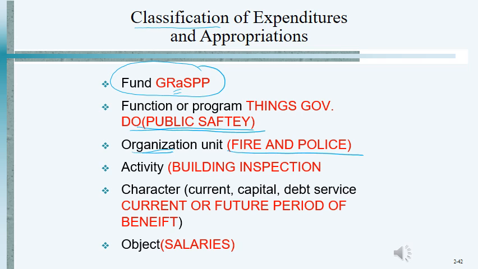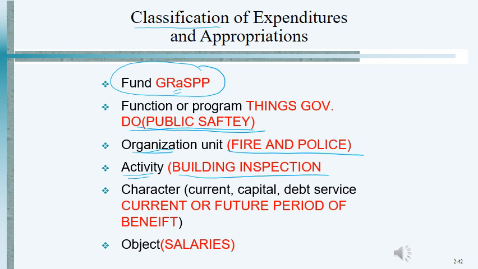Organizational units are the entities that carry out our programs. So we have the fire and police department, and they carry out the public safety function. Now they have to carry on activity. For example, the fire department might do some building inspection to make sure that the building is safe, that all the fire exits are unobstructed, etc.